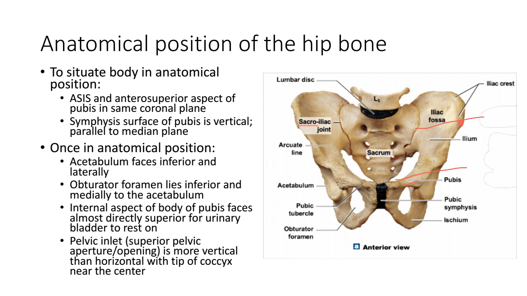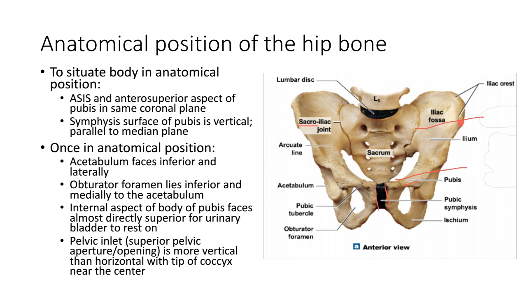So the ASIS would be tipped forward and would be at the same anterior position that the pubis would be in. The symphysis surface of the pubis is vertical and is parallel to the median plane.